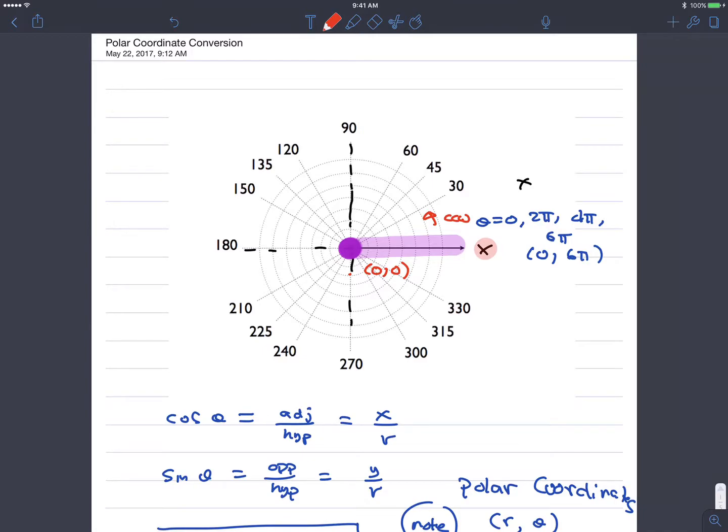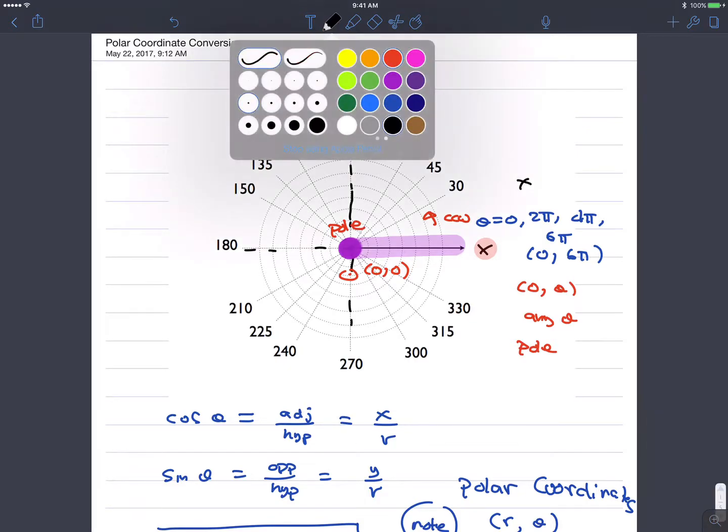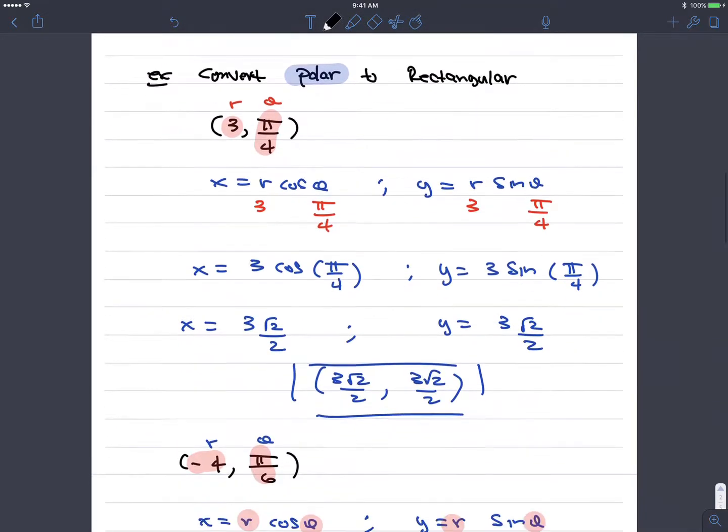This point is not unique. In fact, 0, any angle for any theta will give me the pole. So you're looking at the pole in polar, but it's also called the origin in what? Rectangular. 0, 0. So there's some consistency there, okay? You guys okay with this? It's pretty good stuff. All these little details just to start to graph.